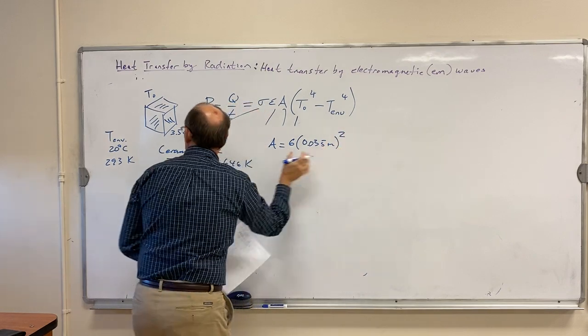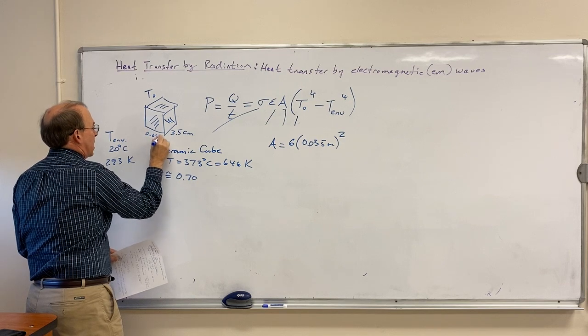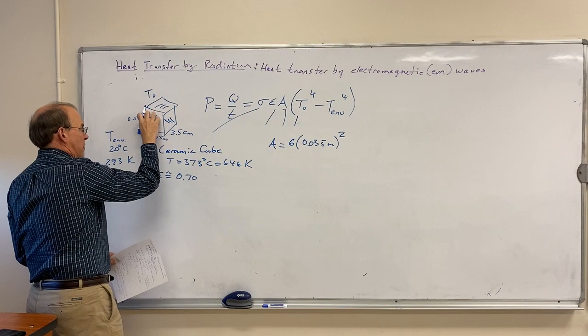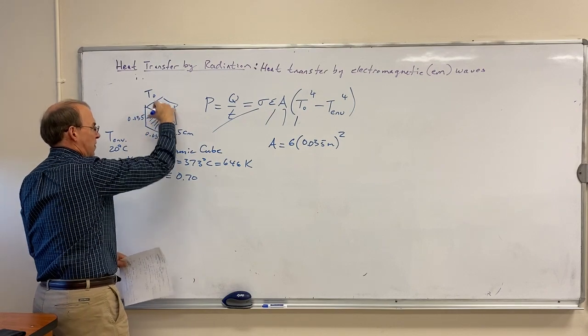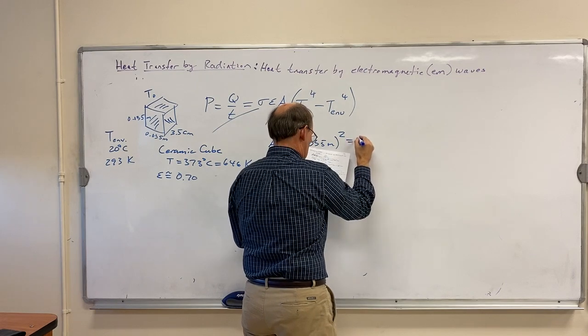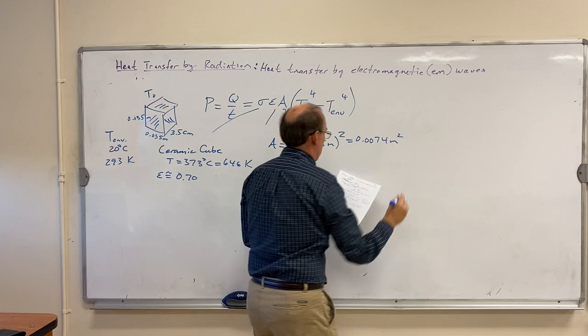So each face is 0.035 meters by 0.035 meters. That's the area of one face. And there are 6 faces, just like on a die. And that is 0.0074 square meters.